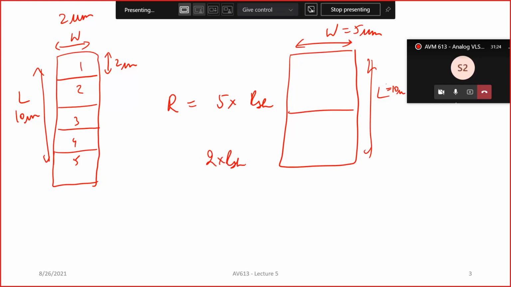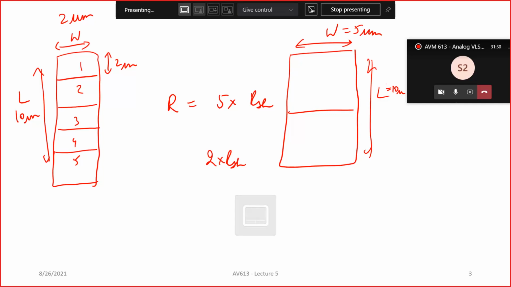Of course this also comes from the L by W ratio. So don't get confused when you see some textbooks or papers or people talking about the number of squares. They'll just count the number of squares in your resistor, multiply it by the sheet resistance, and that gives you the resistance.